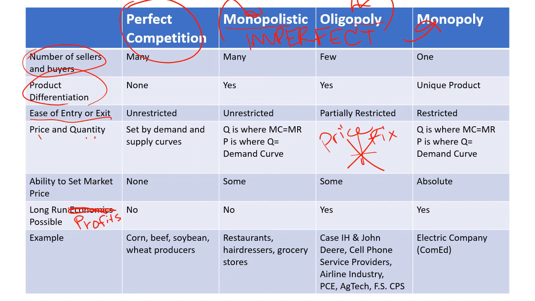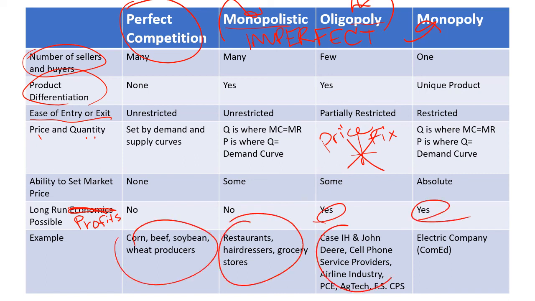So ultimately, in the long run, you would not be able to make profits in perfect competition or in monopolistic competition, sorry, but you would in the latter two. And then I just give you examples down here of the different types of businesses that fall into those categories. So that is it for the lecture for this week.